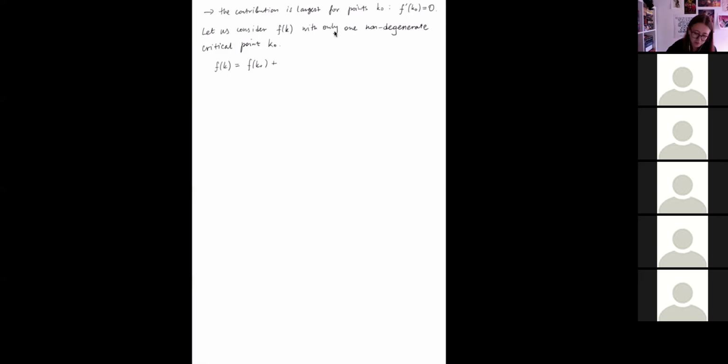Then we can write f of k equals f of k0 plus f prime of k0 times k minus k0, plus the second derivative at k0 over 2 times k minus k0 squared. Because the first derivative equals 0, the second term goes away and we're only left with these two. Again, for convenience, I will label f of k0 as f0, and the second derivative of f at k0 as f0 double prime.